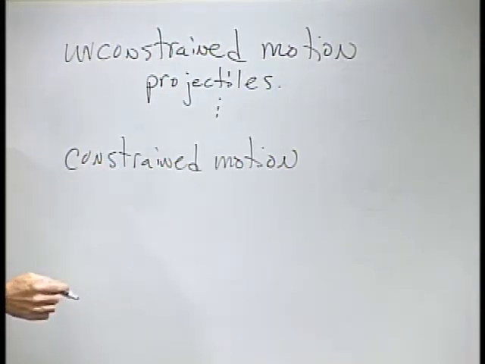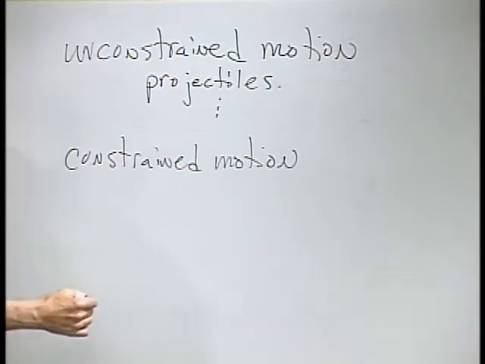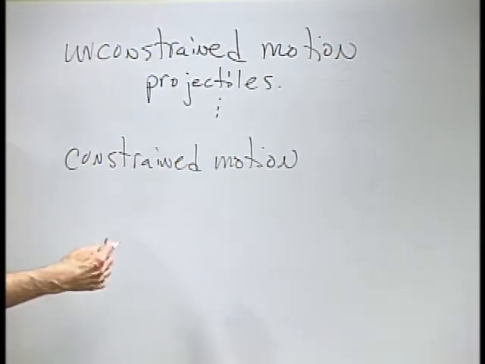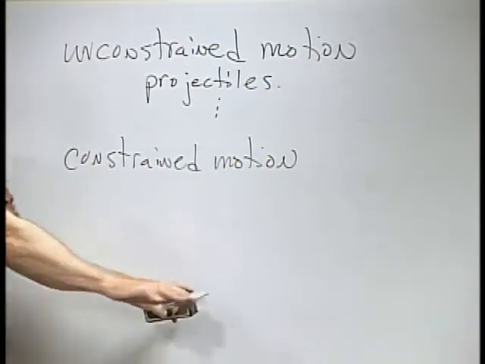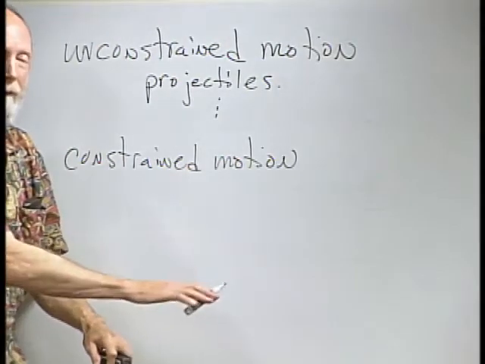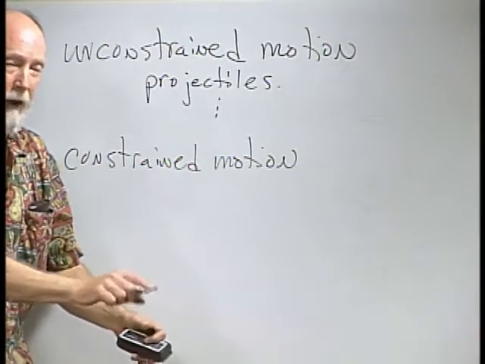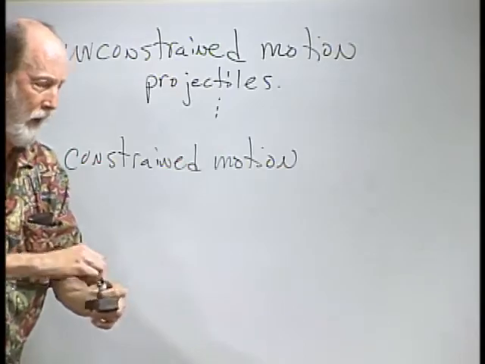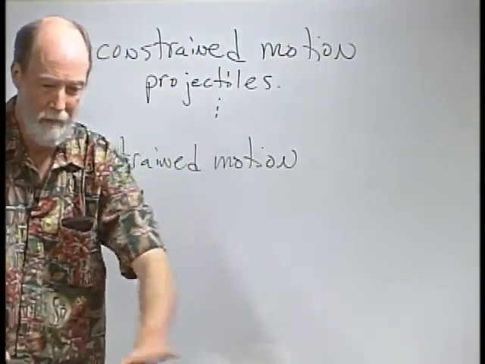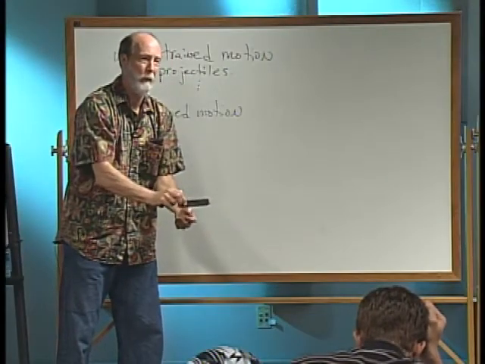What could be an example of that? Something sliding along a surface. Something on a smooth surface. If it's on a smooth surface, and it stays on that surface, there's no unbalanced forces vertically. Now let's say I have a tabletop here, and I have the object on the tabletop.